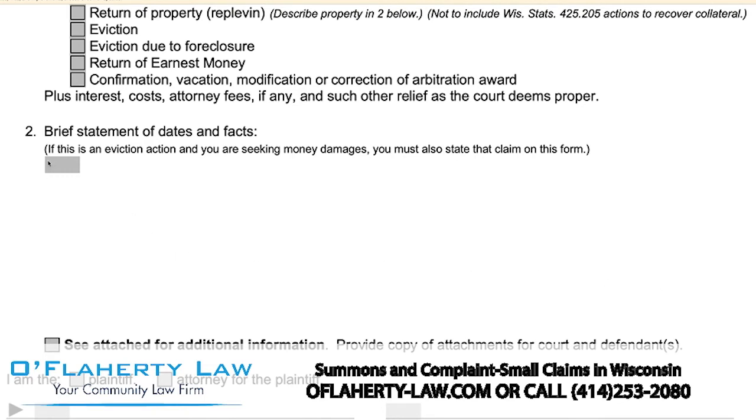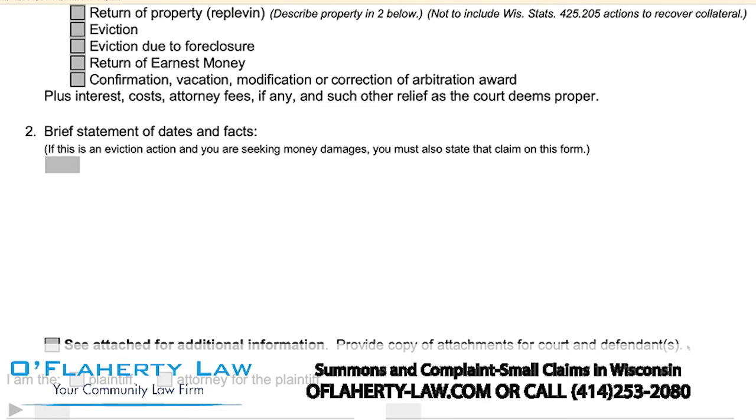Obviously, this is not enough room for all of that. So that's why you would put it on a separate document. And then if you have evidence, maybe even label them as exhibits for ease of access when you are in court and you are talking about the facts and the issues. Label them and just say, see attached for additional information.